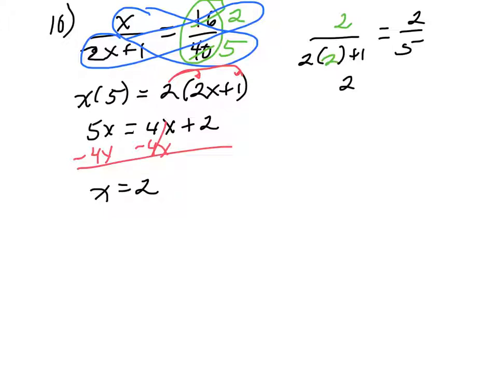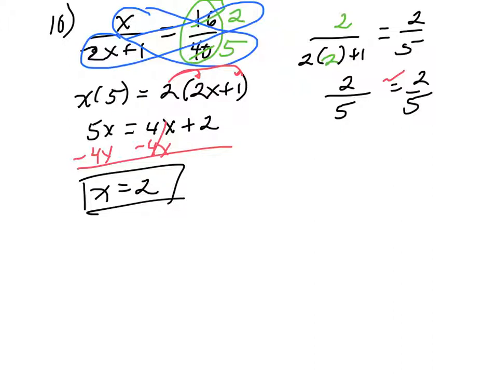So I get 2. What's 2 times 2, plus 1? 5. Does 2/5 equal 2/5? Then that's a check. So you do want to just double check that. So your answer, x is equal to 2. And that's all that they were looking for on that one.